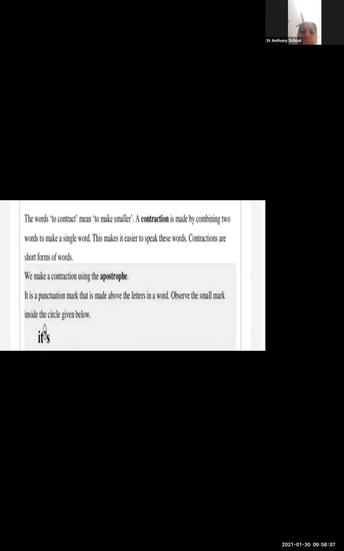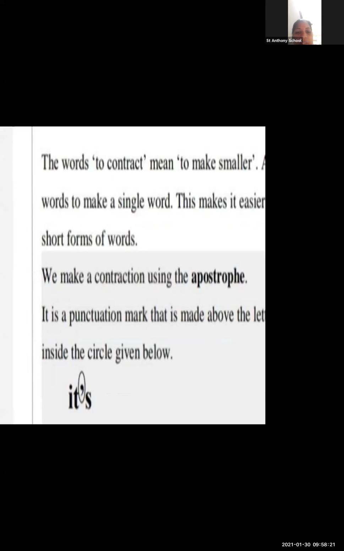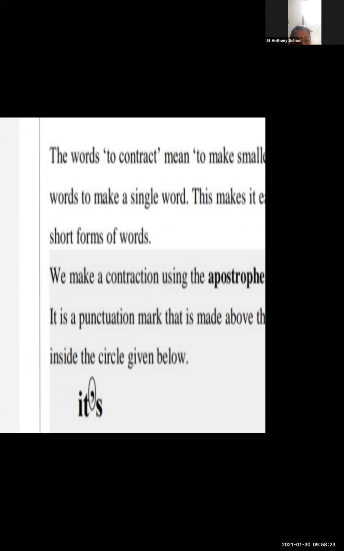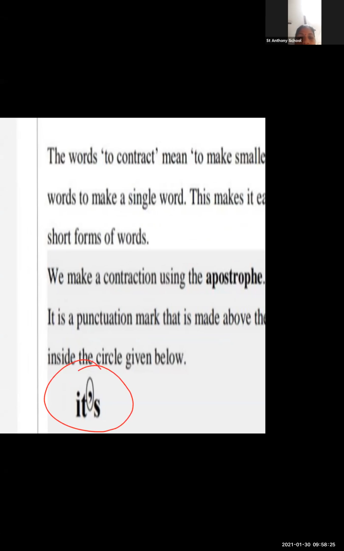It's a punctuation mark that is used in place of letters in a word. Observe the small marks inside the circle given below. You can just see this one. In that circle, one comma-like punctuation mark is given over the letter s.